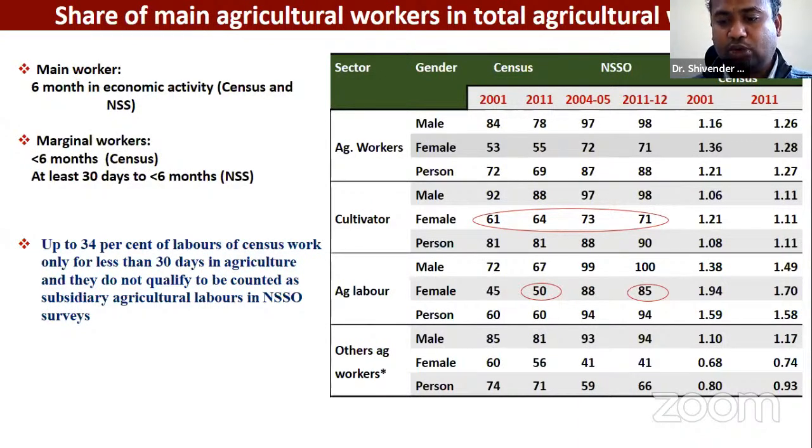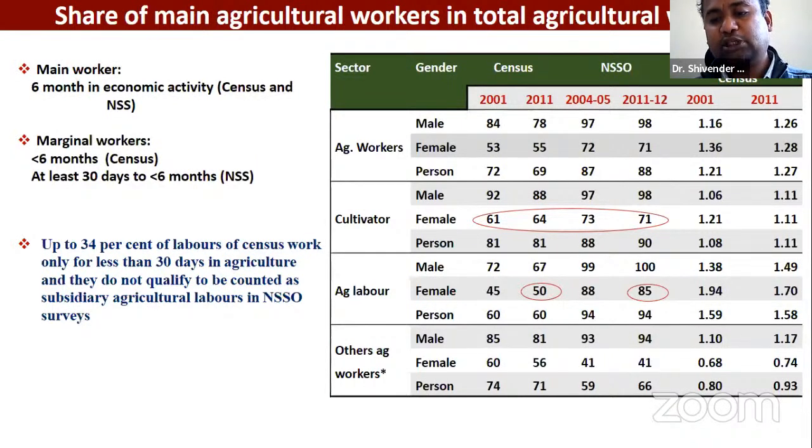I hope I am able to communicate that definitional issue. The main issue is that because of the variation in the definitions of marginal worker particularly, we have some evidence that there is a discrepancy in the data on agricultural labor between the census and NSS.